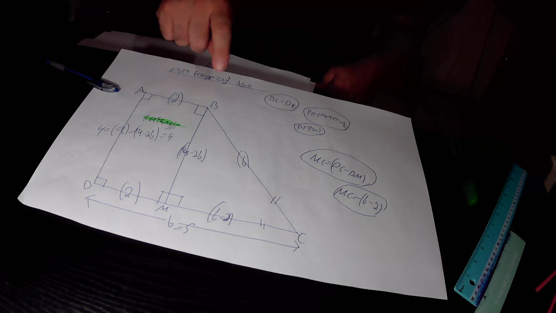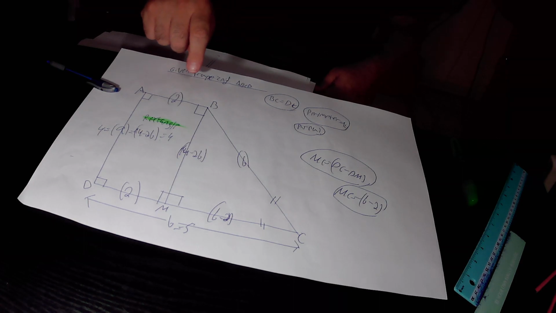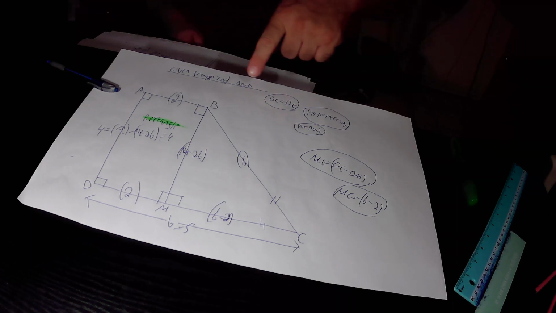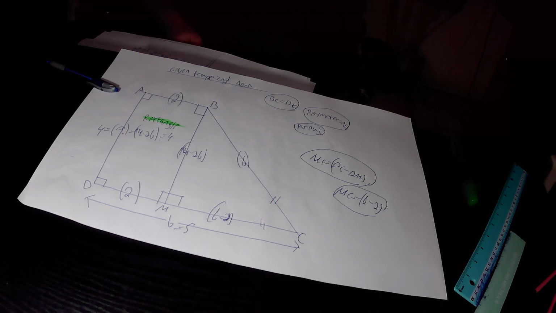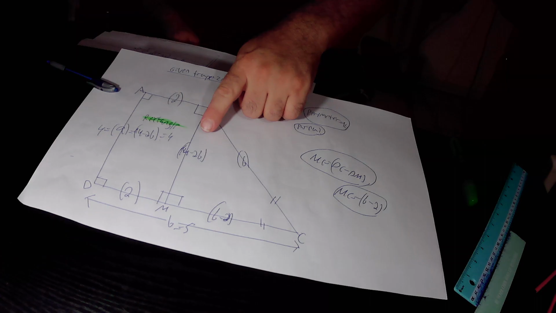So in rectangle ABMD, side AB must be equal to the opposite side DM. But AB is 2 according to what is given, therefore the opposite side DM must also be equal to 2 units in length. Likewise, in the same rectangle ABMD, side AD must be equal to the opposite side BM. But AD is 14 minus 2B, therefore the opposite side BM must also be equal to 14 minus 2B in length.